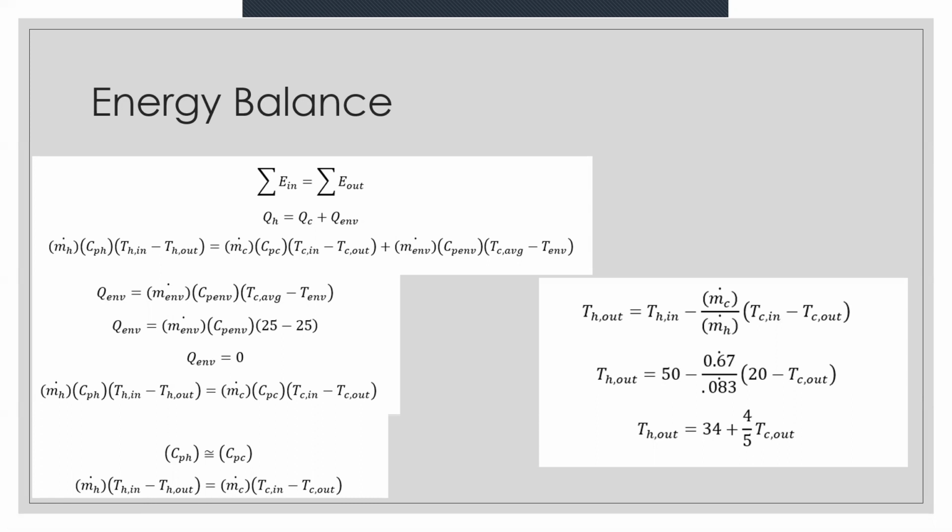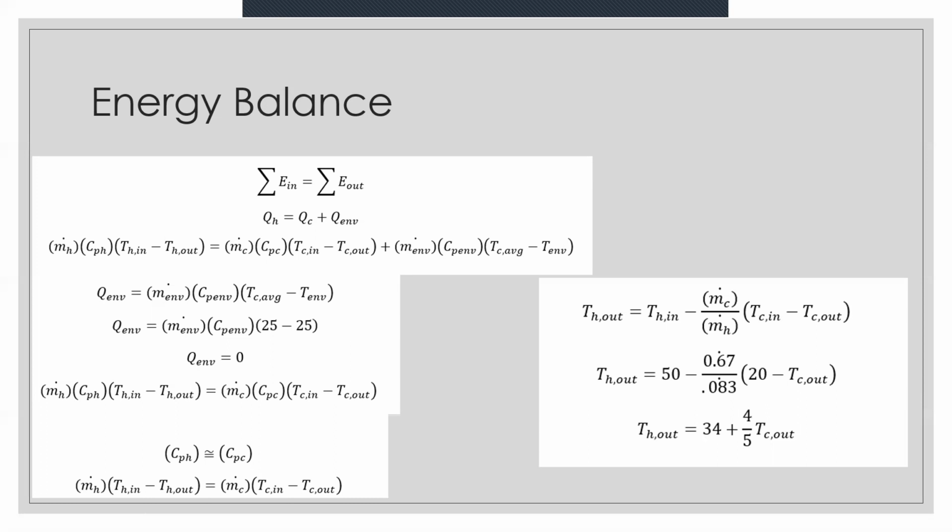Looking into the heat of the environment, since the problem stated it was not an insulated heat exchanger, it became apparent that this value would cancel out in the end. The average temperature on the cold side, which is the area being affected by the environment, spans from 20 to 30, which gives it a median temperature of 25 degrees.